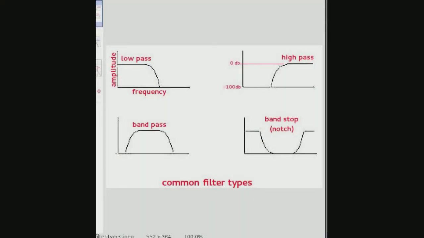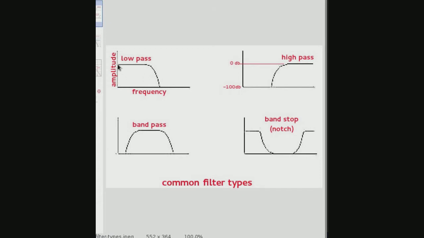Generally when you think about filters, there are four common types that come to mind: low pass, high pass, band pass, and band stop, or what's called notch filters. In general, we're going to think of them, at least as a template, all being the same.